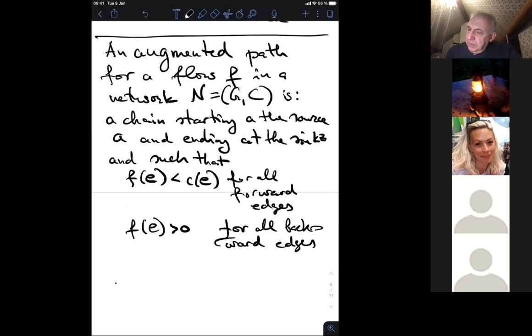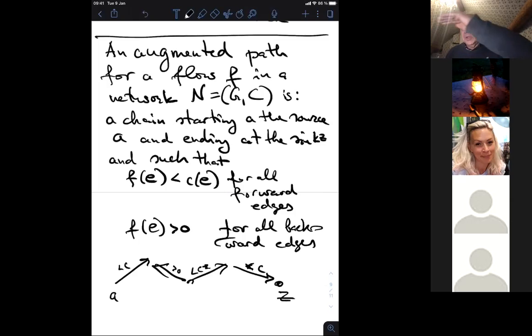Okay, so if we have, say, something like this, where this is the source, and this is the sink. So this is called an augmenting path if it's smaller than capacity on all forward edges and positive on all backward edges.